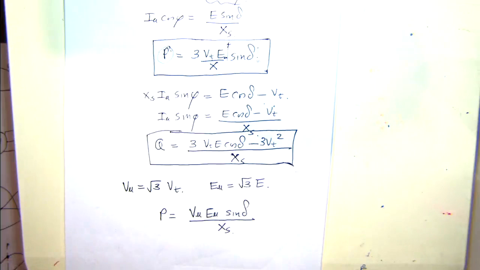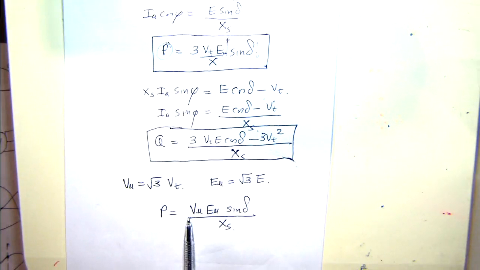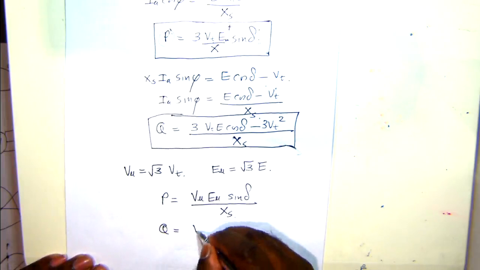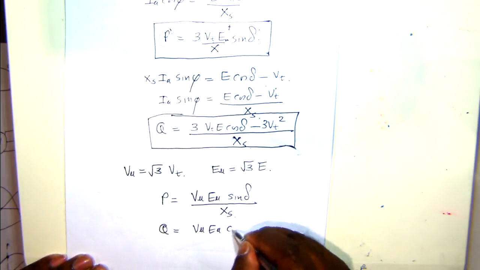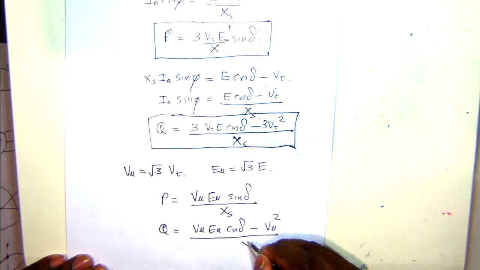This is the same equation, but you've written it in terms of line-to-line quantities, but there's no 3 there. So 3 is factored into these two terms. And then similarly, you can write Q as V line-to-line, E line-to-line cos delta minus V line-to-line squared over Xs as well.